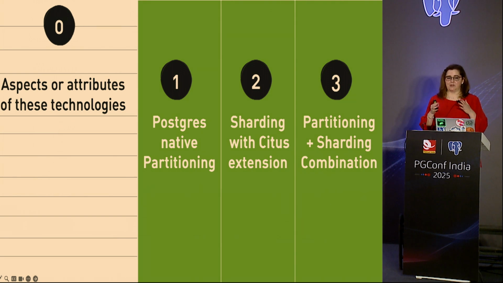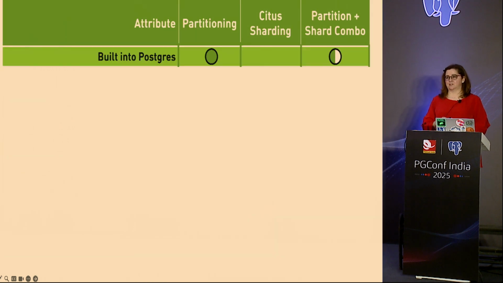The first one will be Postgres native partitioning, and the second one will be sharding with the Citus extension. And in the third column, we'll look at how partitioning and sharding used together rates. I'm basically going to score partitioning versus sharding versus using the combination together against all of these attributes. You can think of this as almost like a report card in school.